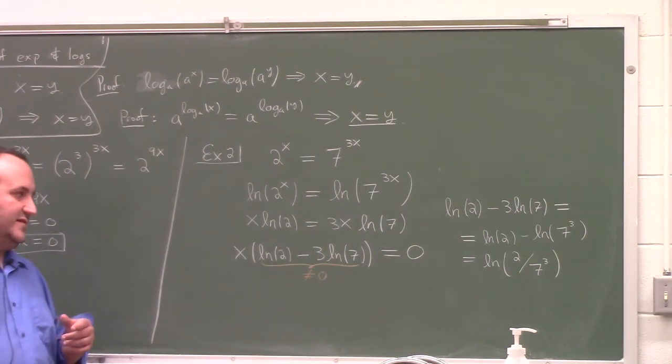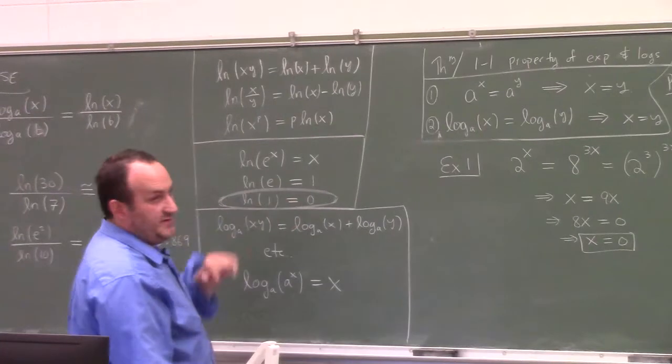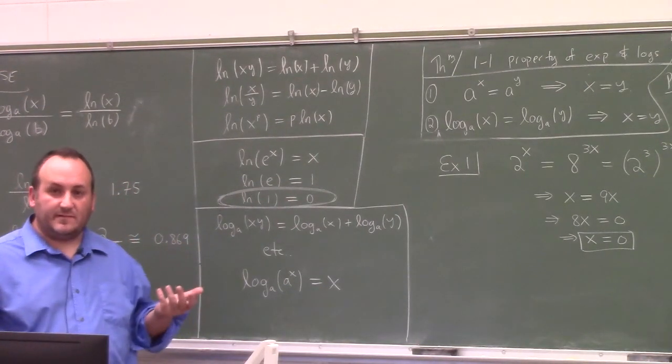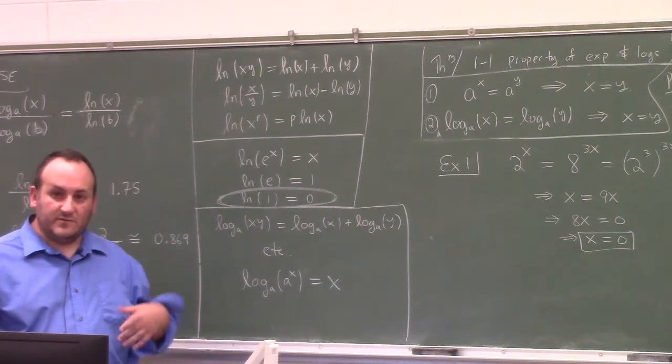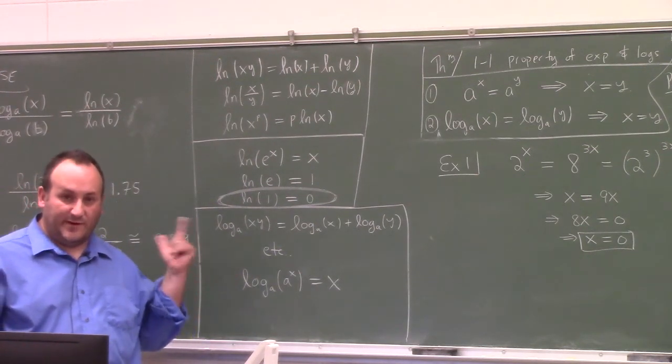So when is the natural log 0? Let's see right here. Natural log of 1 is 0. The natural log is a 1-to-1 function. That means that the only thing that gives you 0 when you plug it into the natural log is 1.